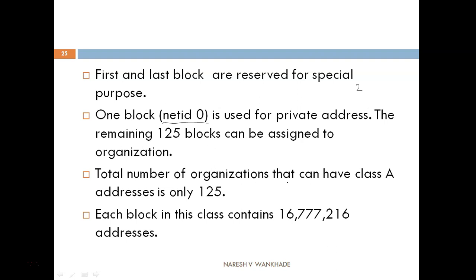Total number of organization that can have class A address is only 125, and each block in this class contains 16777216 addresses. Let's see one example here by taking 73 as network ID. We are taking this example from the book TCP/IP Protocol Suite by B.A. Forouzan.